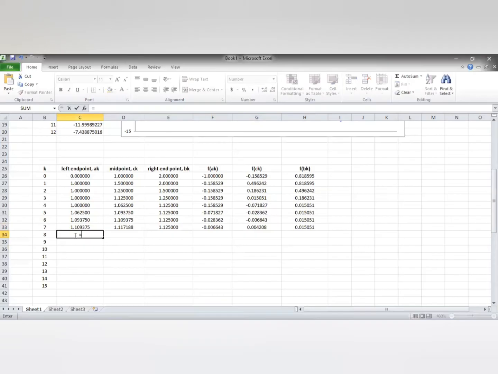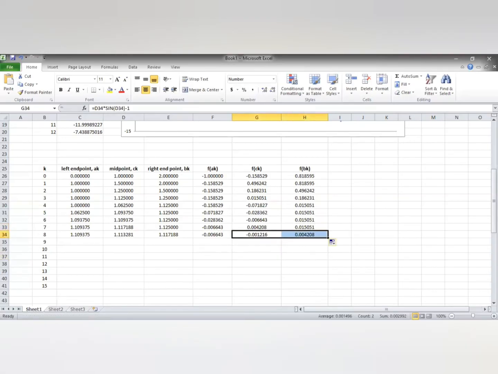So for the left endpoint, we have the value of A, then for the right endpoint, it will be the value of C. Okay, then you can drag again, and drag. Okay, since again we have new endpoint values, we have C for our left endpoint, and for our right endpoint, it's the value of B.